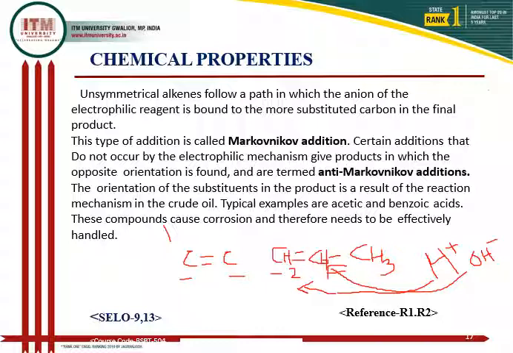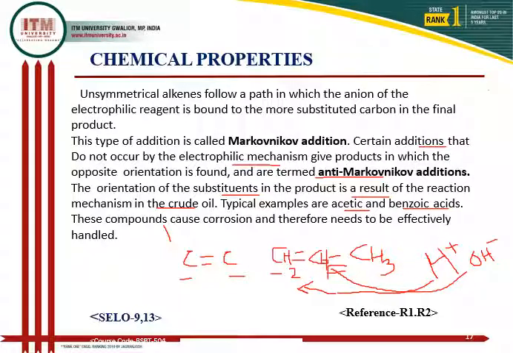So this is called the Markovnikov rule, while certain additions that do not occur by this electrophilic mechanism undergo anti-Markovnikov additions. The orientation of the substituents in the product is a result of the reaction mechanism. In crude oil, typical examples are acetic acid and benzoic acid.